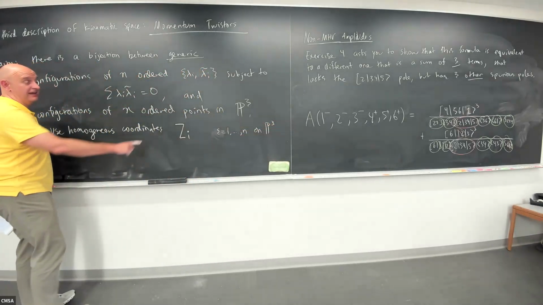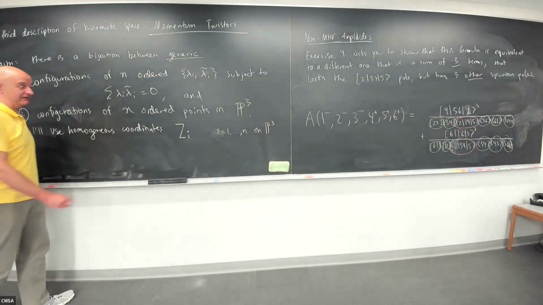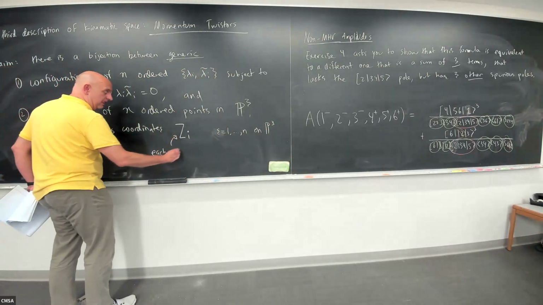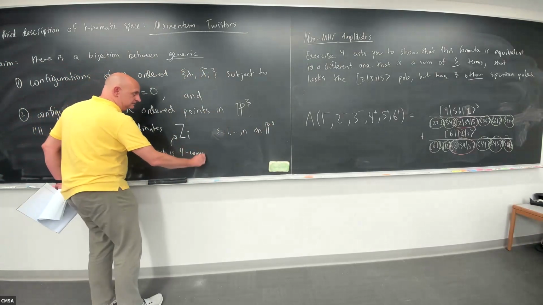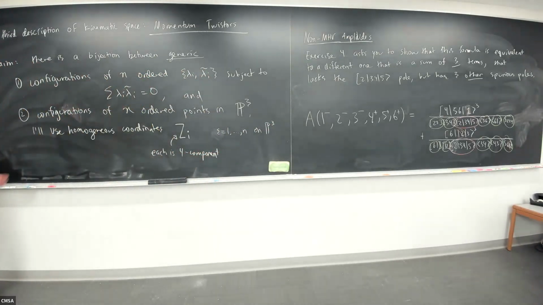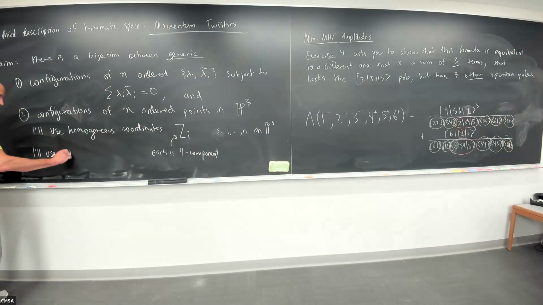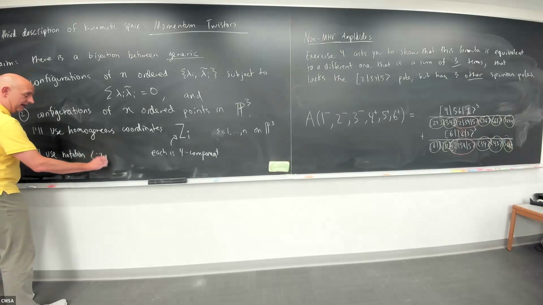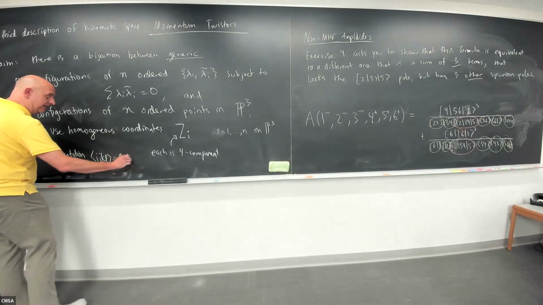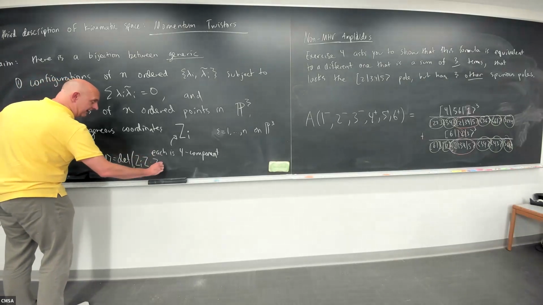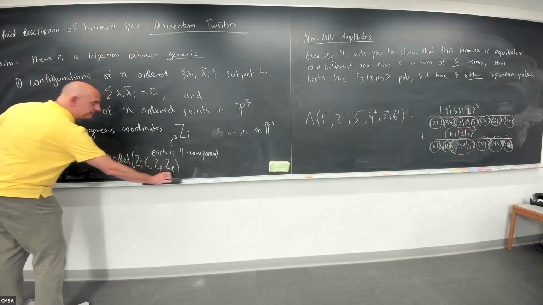Okay, so each Zi is a 4-component complex object. And I'll use the obvious Plücker notation, where ⟨ijkl⟩ means the determinant of Zi, Zj, Zk, Zl.